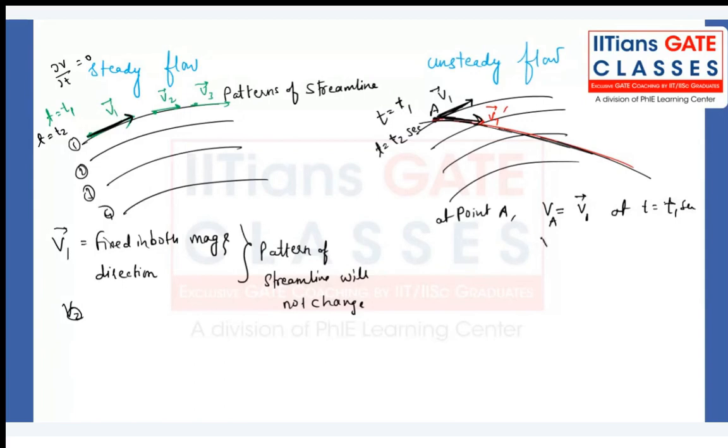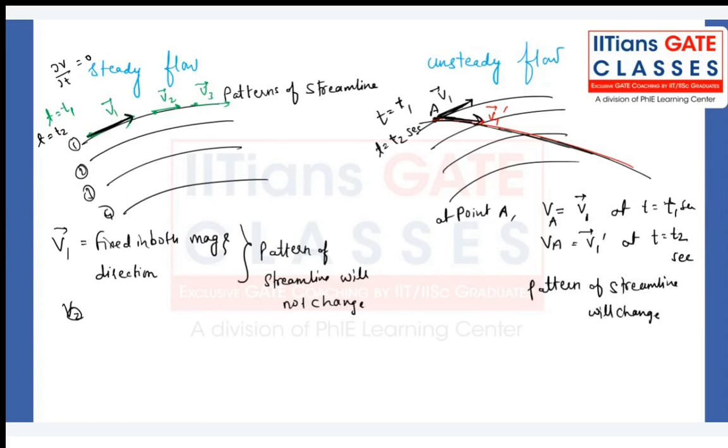But the velocity of the particle at A is v2 or v1 dash at time t equal to t2 second. So the pattern of a streamline will change. So make a note of it.